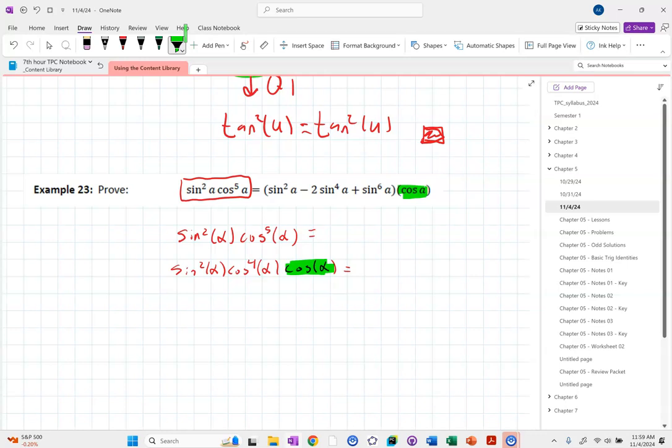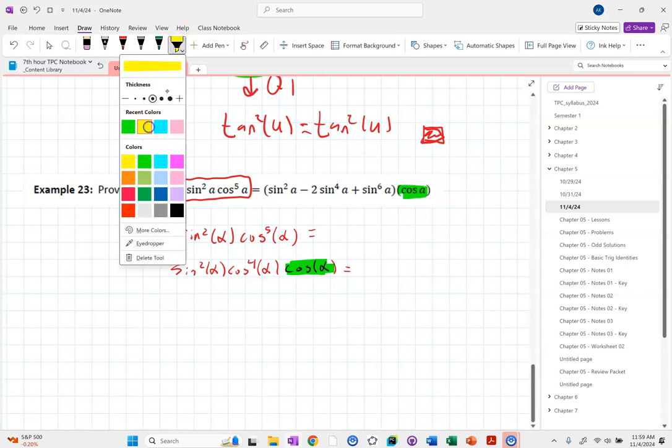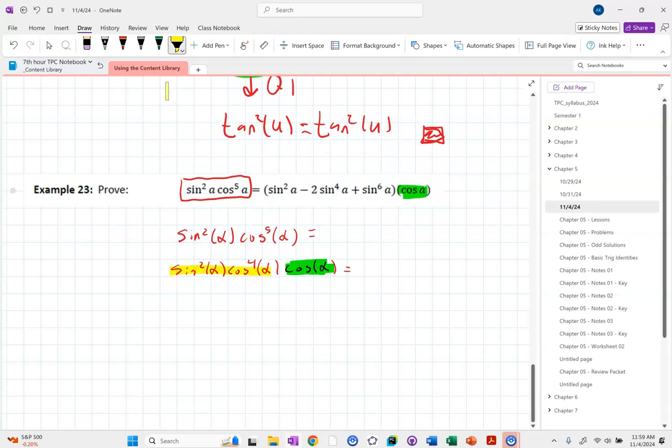So I have my cosine alpha at the end. That part I'm going to ignore. That is now just along for the ride. Somehow I have to take that sine squared alpha times cosine to the 4th alpha, and it's got to turn into that trinomial.